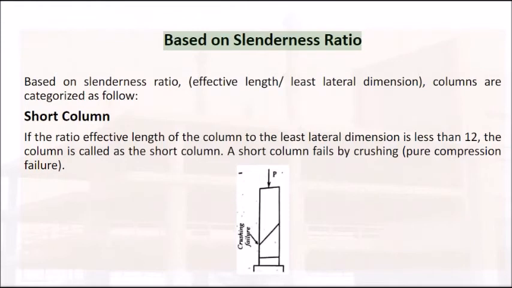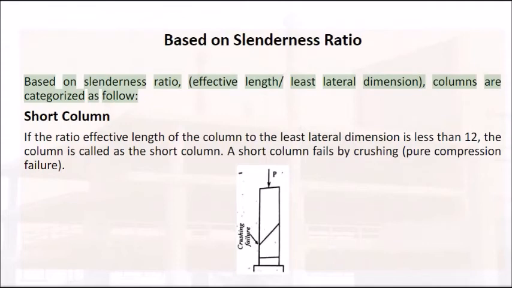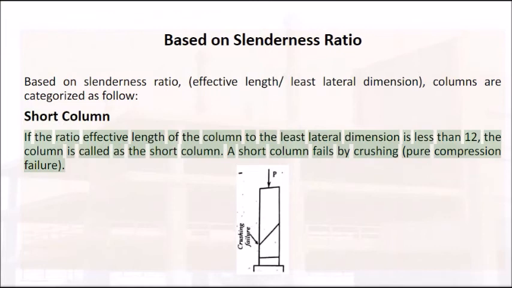Based on slenderness ratio, effective length over least lateral dimension, columns are categorized as follows. Short column. If the ratio of effective length of the column to the least lateral dimension is less than 12, the column is called a short column.